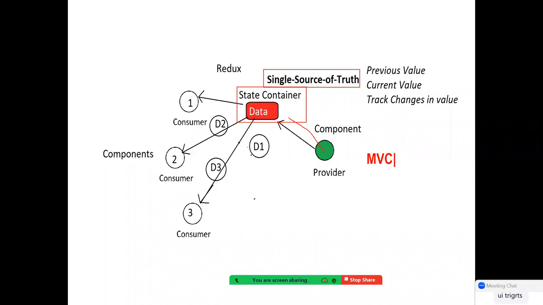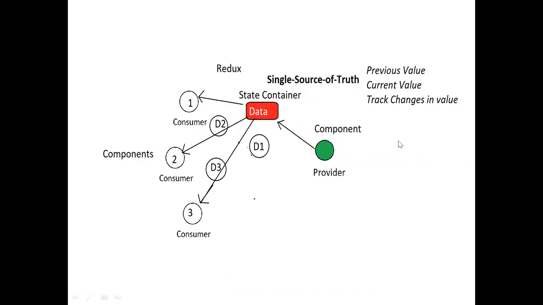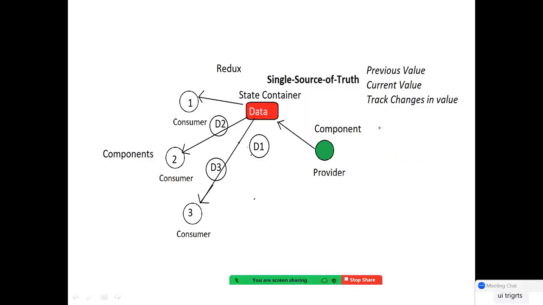In the two-way binding technique, you will have a model, a view and a controller. Usually in this architecture, the model contains data. This is nothing but the store.